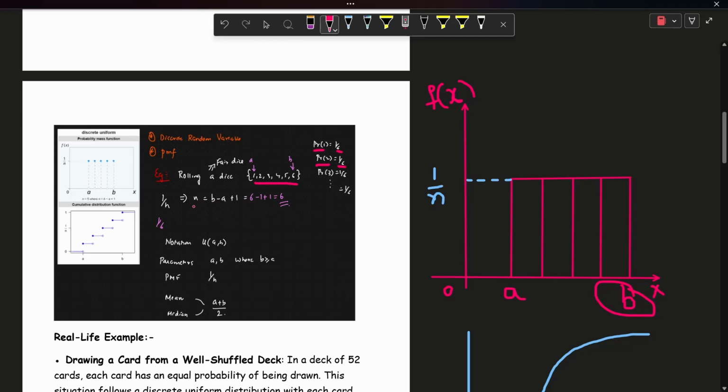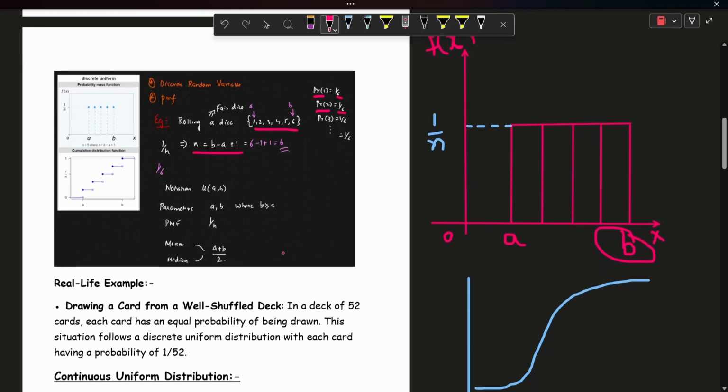If you use this formula, you will get the n value. So b is 6, minus 1, plus 1, you get 6. So the probability of getting any of the outcomes is 1 by n. N is 6, so it is 1 by 6 for all the numbers on the dice.